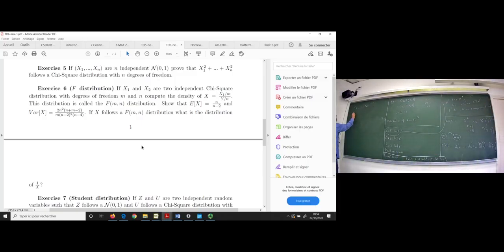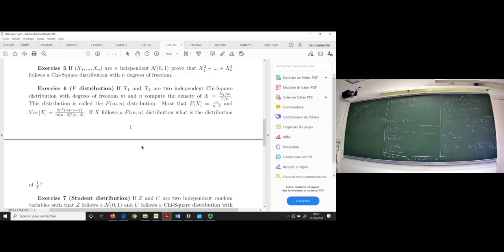So I can write it this way: x1 square plus x2 square plus until xn square, plus xn plus 1 square, just in order to make appear something in relation with my induction hypothesis.